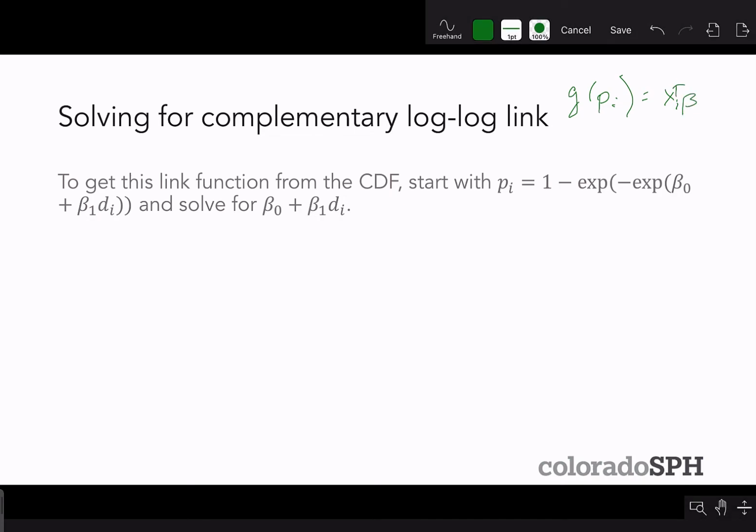In this case, it's g of pi equals beta 0 plus beta 1 times dose i.